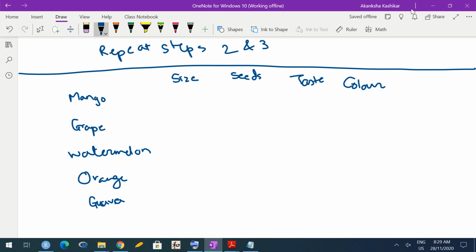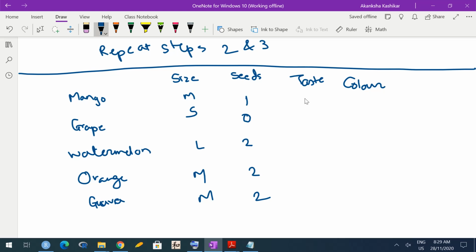So mango size is medium, grape is small, watermelon is large, orange is medium, guava is medium. Number of seeds in mango is 1, grape let us assume seedless, so 0, watermelon many, so let me denote many by 2, orange also many, guava also many.